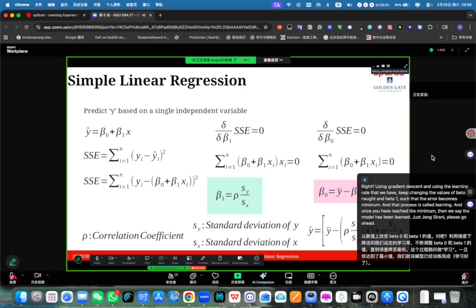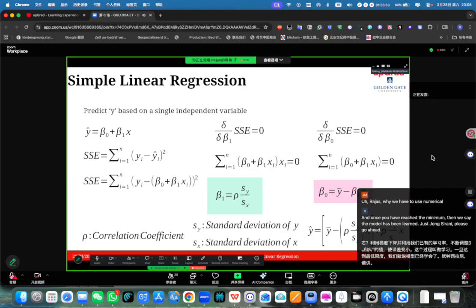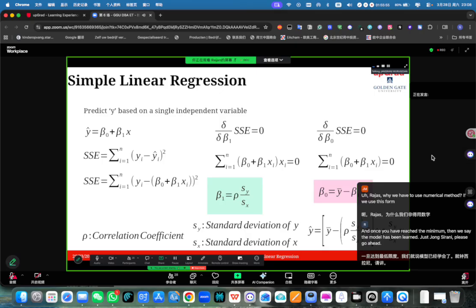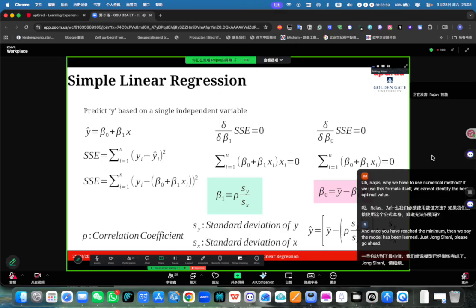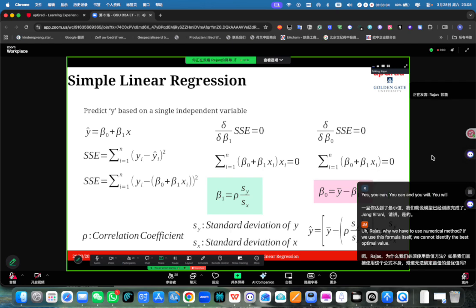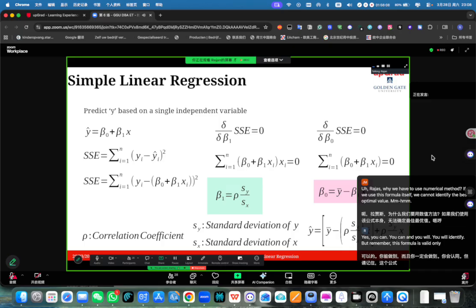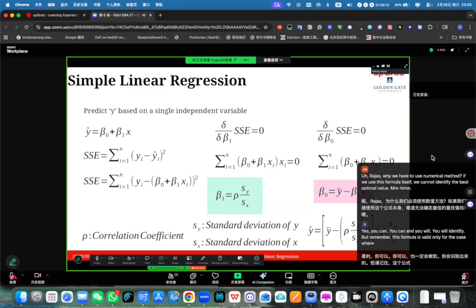Rajan, so why do we have to use numerical methods? If we use this formula itself, we cannot identify the best optimal value. Yes, you can, and you will. But remember, this formula is valid only for the case where you have only one variable.